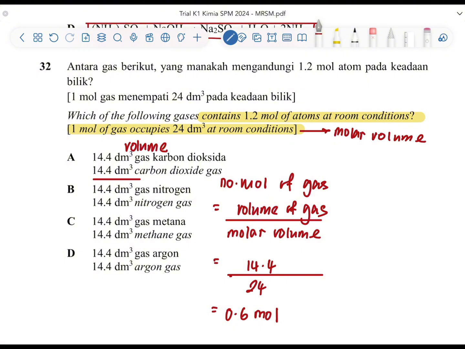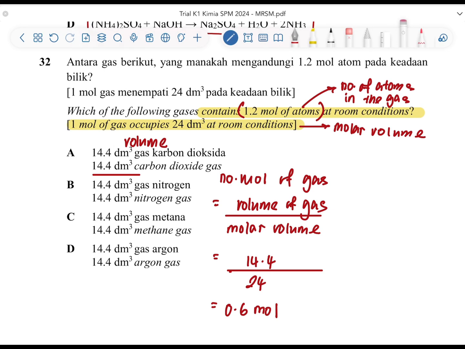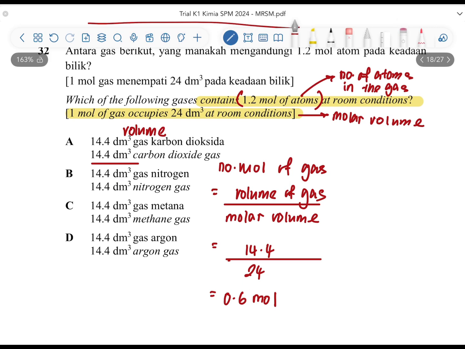Next, we want to know which gas contains 1.2 mole of atoms, right? So we need to know the number of atoms in the gas. The atoms here refer to the number of atoms in the gas, so it requires you to know how many atoms there are in one molecule of each gas.